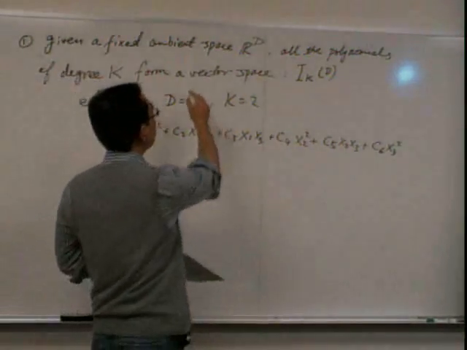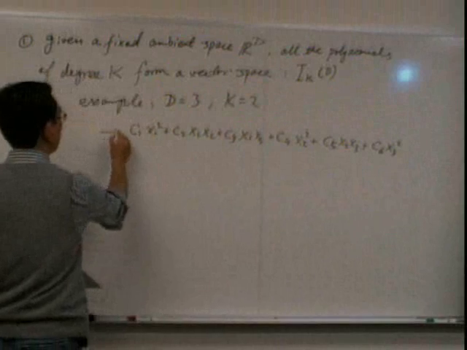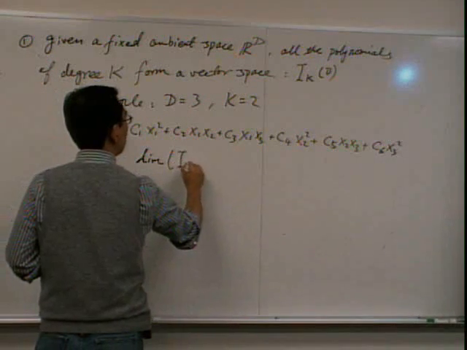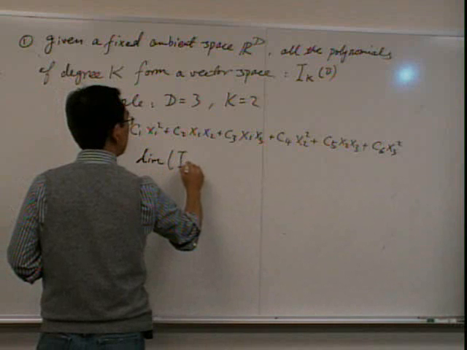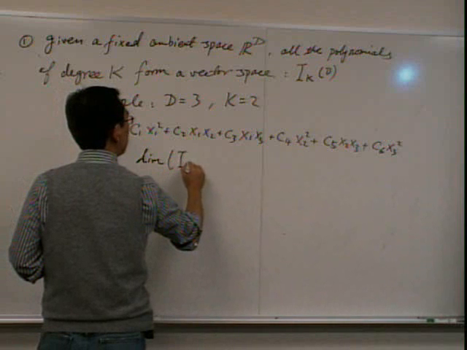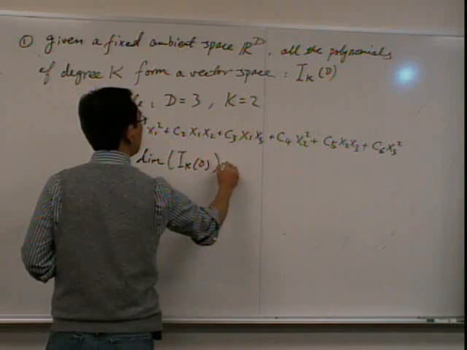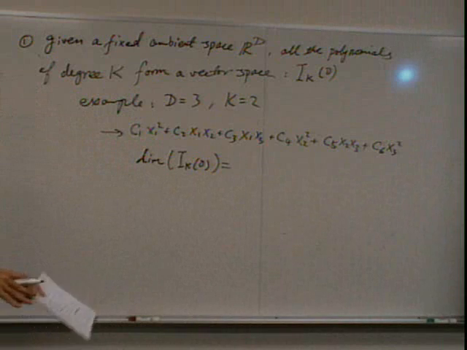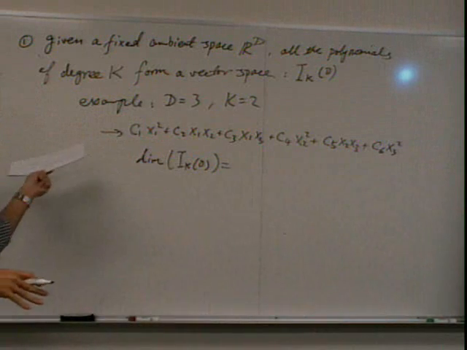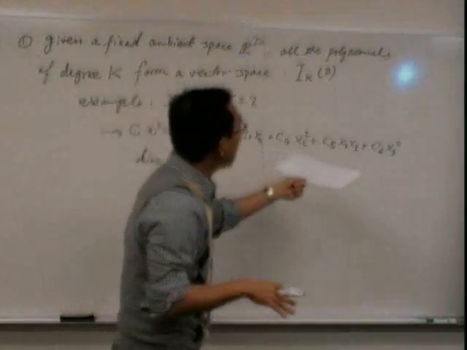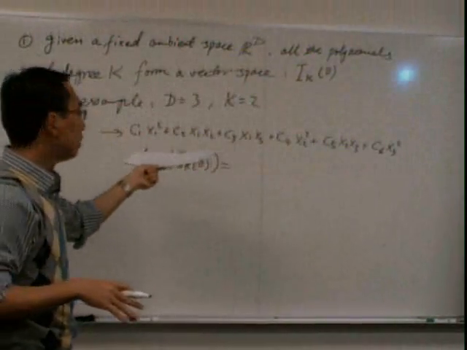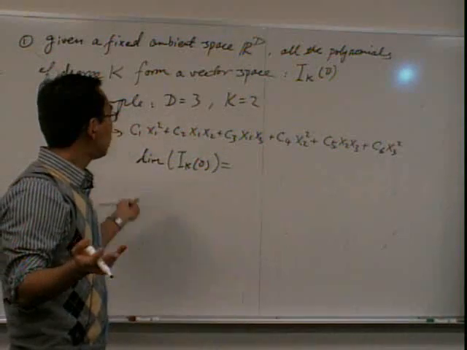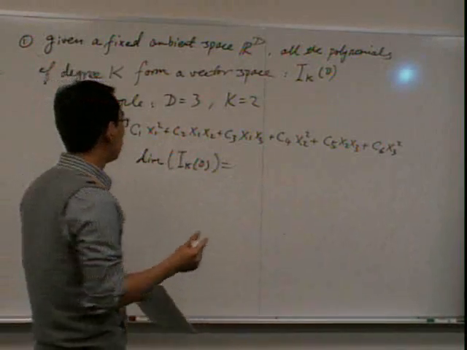And what's the dimension of this vector space in this case? The dimension of I_k(0) is equal to what? How many degrees of freedom can you change in this equation? 6. You can vary in total 6 scalars. So the dimension is 6.